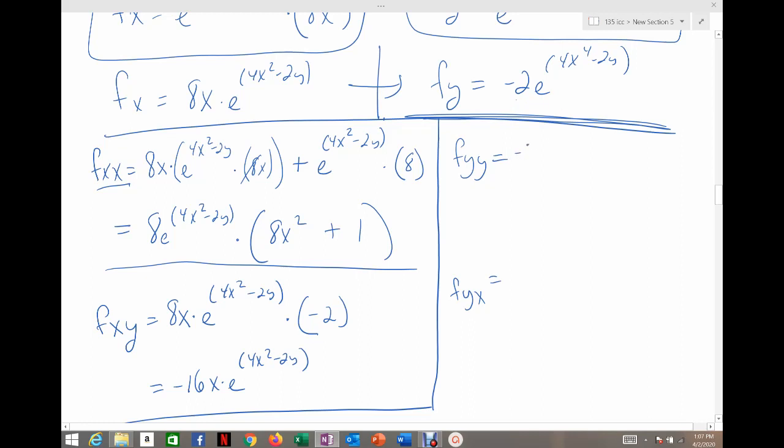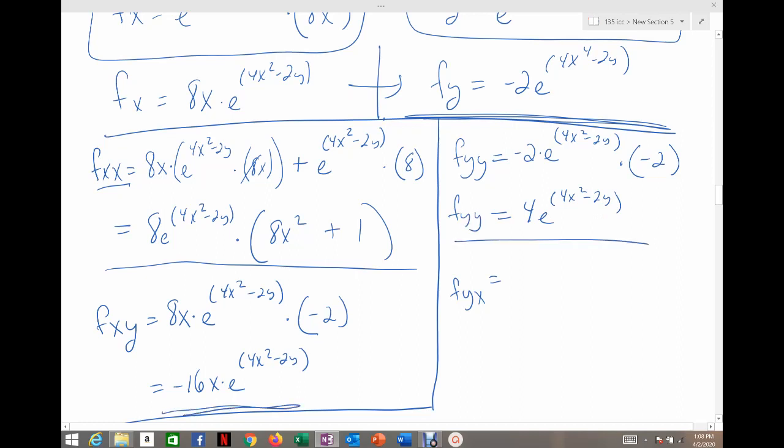And so it's going to be negative 2 times the derivative of the e. Well, the derivative of the e is itself, times the derivative of the inside with respect to y. So I'm just going to get another negative 2. If I simplify that, it becomes 4e. So there's my second derivative with respect to y.